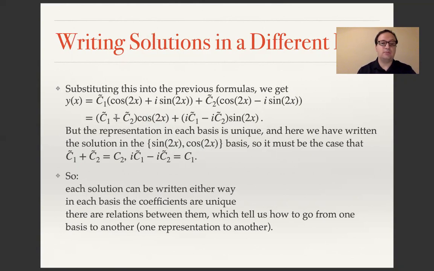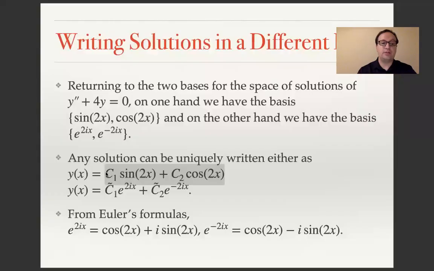On the other hand, the representation of the solution in each basis is unique. So every solution can be written in a unique way in each basis. And we had already written the solution as c1 sine of 2x plus c2 cosine of 2x. So this means that the coefficients in front of sine and cosine must be the same.